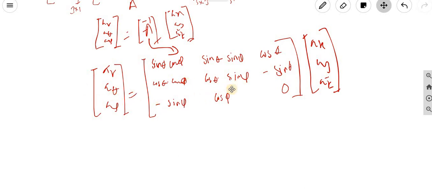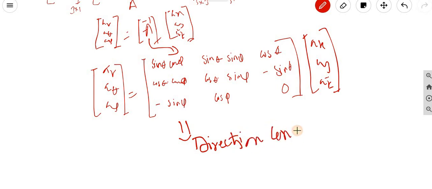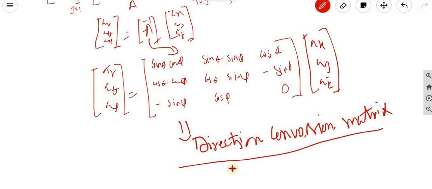This conversion matrix, the direction conversion matrix. Okay.